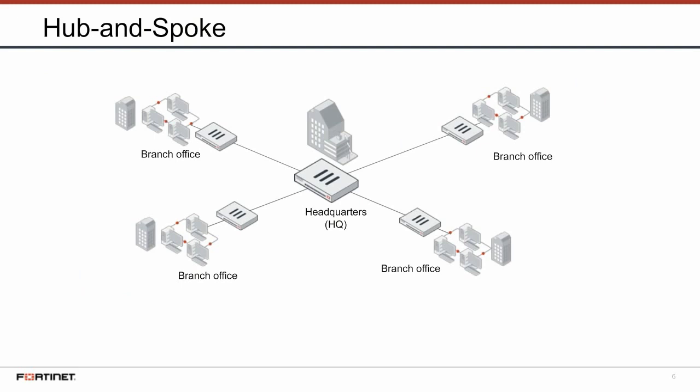One point-to-multipoint topology variation is called hub and spoke. The name hub and spoke describes how all clients connect through a central hub, similar to how spokes connect to hubs on wheels. In this example, the clients, spokes, are branch office FortiGate devices. For any branch office to reach another branch office, its traffic must pass through the hub.